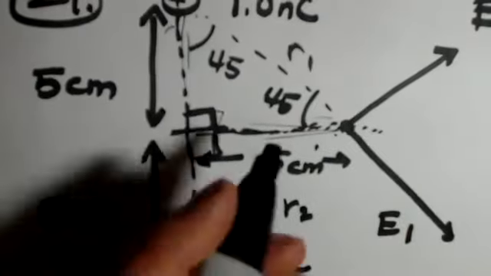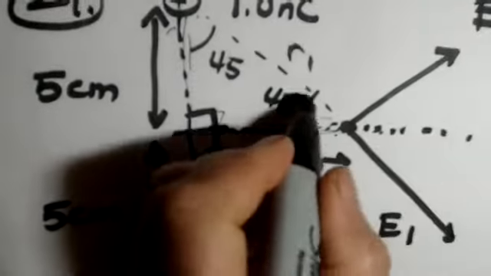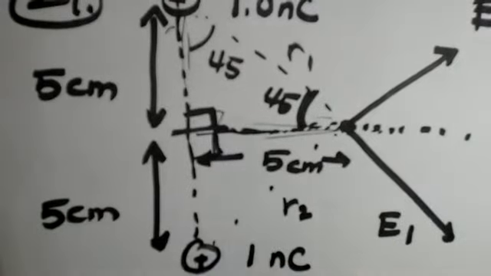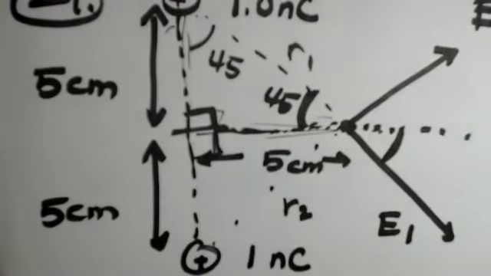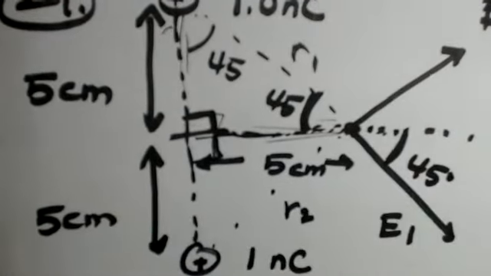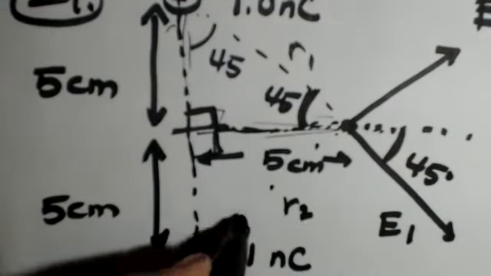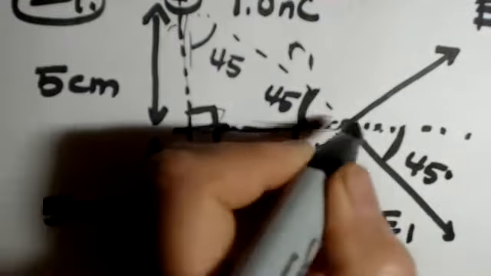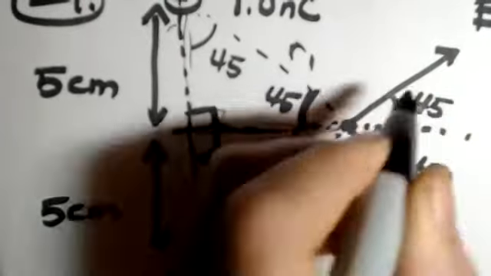Okay, so what that means is if this angle is 45 degrees, this angle is 45 degrees because they're vertical angles or something like that from geometry. But I just know that that angle is 45 degrees. Same thing coming from this direction. This angle is going to be 45, so that angle is going to be 45.